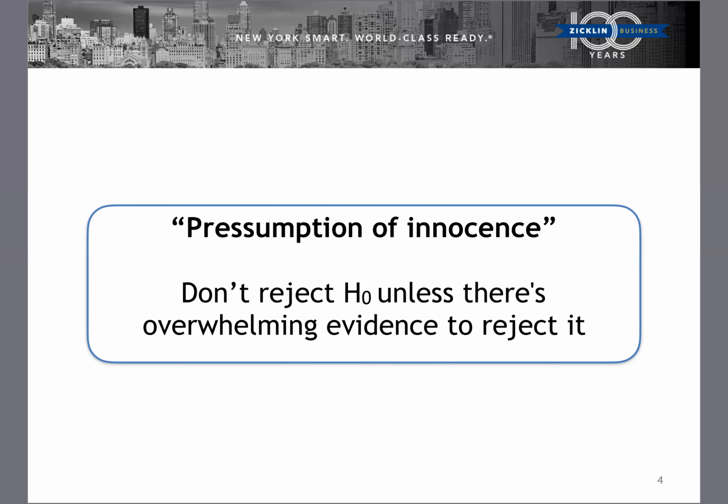You do not reject the null hypothesis unless you have overwhelming evidence in favor of the alternative. The null hypothesis is kind of like being innocent. When you go through a trial, you do not convict somebody unless you have overwhelming evidence to convict them. We use the same framework in frequentist testing.